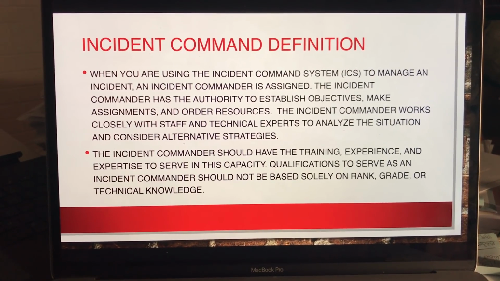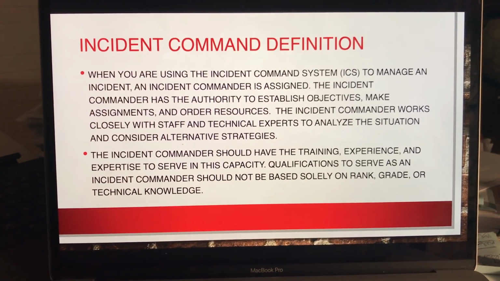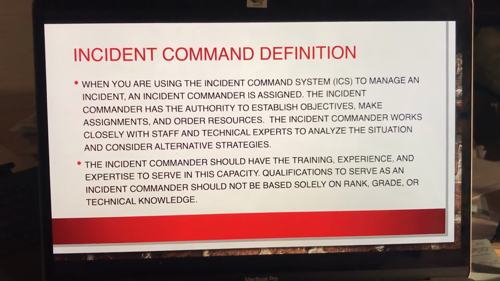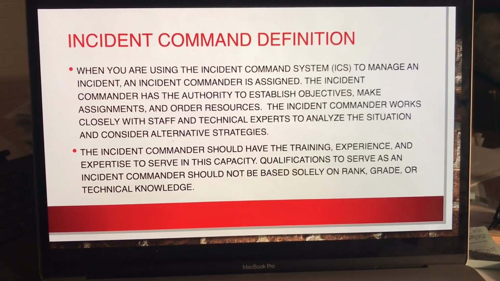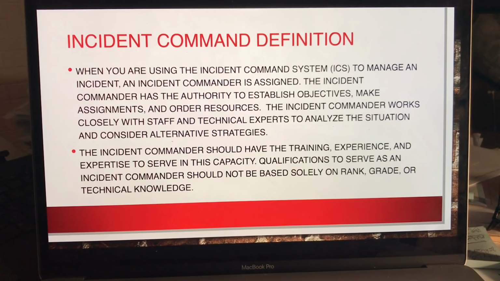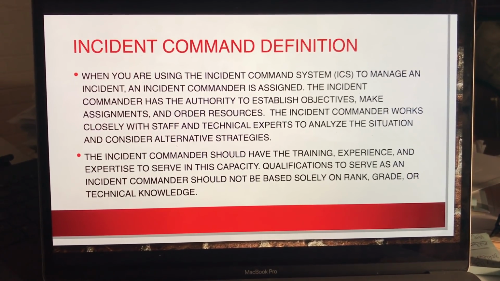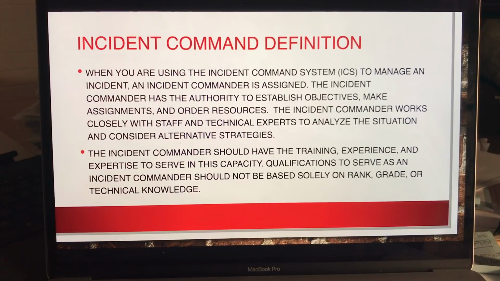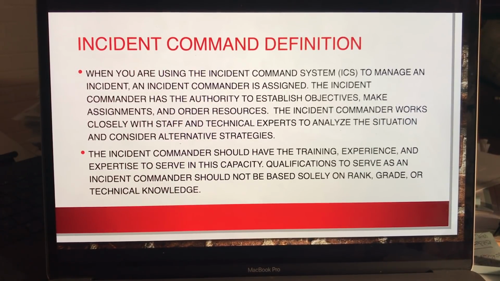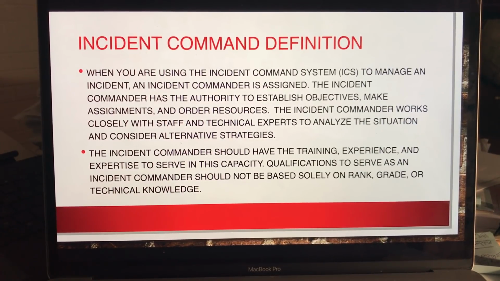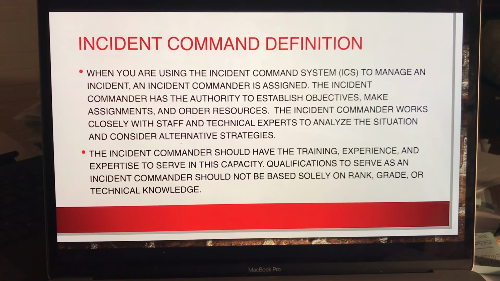The incident commander works closely with staff and technical experts to analyze the situation and consider alternative strategies. The incident commander should have training, experience, and expertise to serve in this capacity. Qualifications to serve as an incident commander should not be solely based on rank, grade, or technical knowledge.